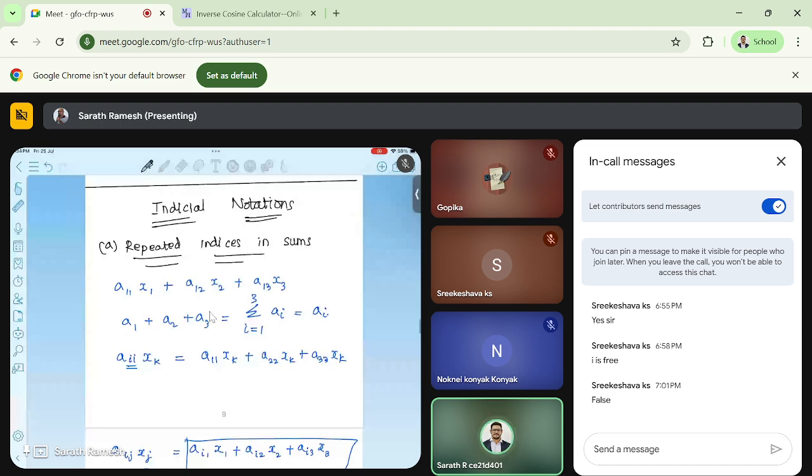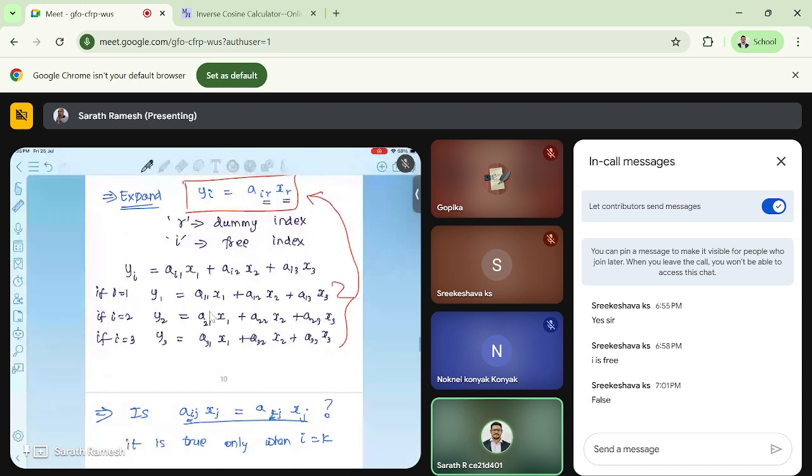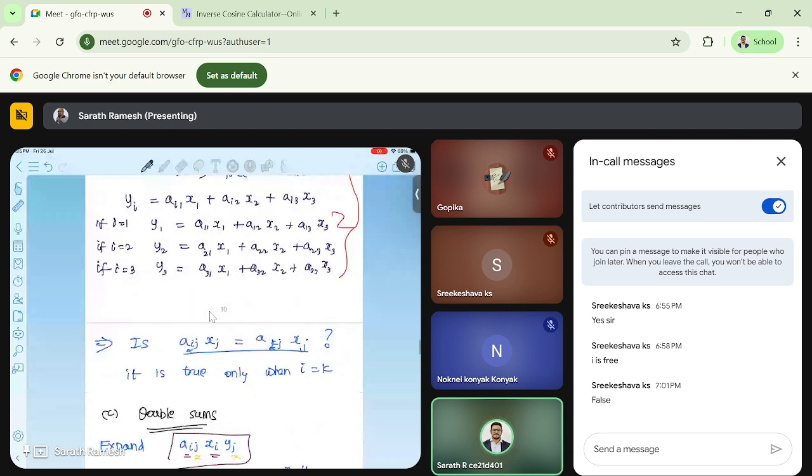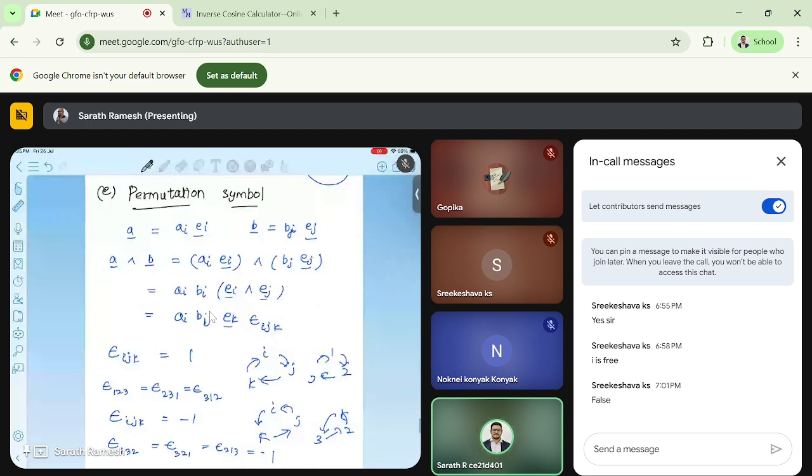Delta ij becomes 0 if i is not equal to j, and 1 if i equals j. Similarly, in the case of the permutation symbol, epsilon ijk becomes 0 when any two indices are repeated, 1 if it is in cyclic rotation, and -1 if it is in anti-cyclic, anti-clockwise rotation. Okay, this is what we have seen.